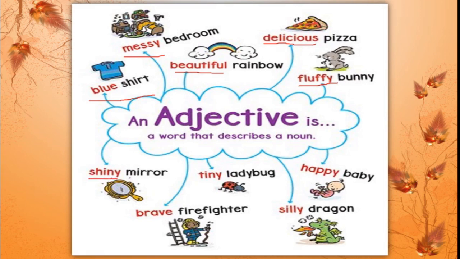See, all these are extra words added to noun to describe the noun. Brave firefighter. Correct? Quality here it is mentioned. Silly dragon. Got these, students? These are called adjectives.